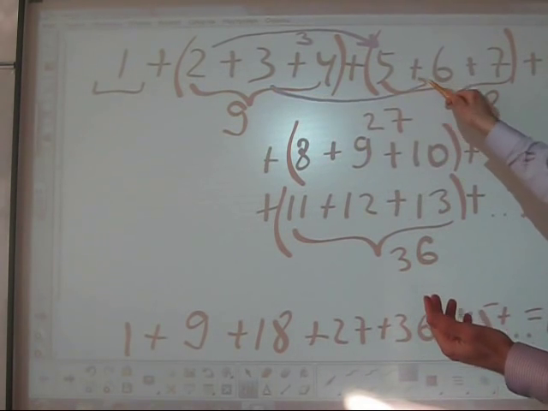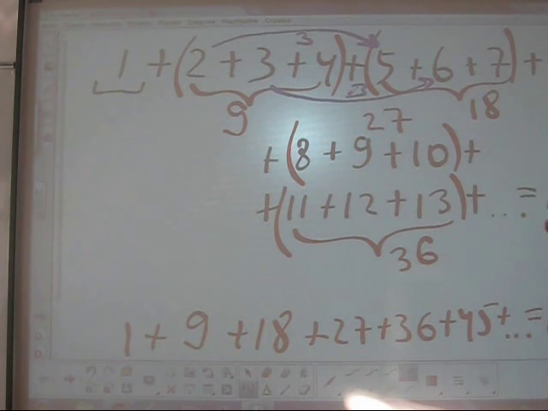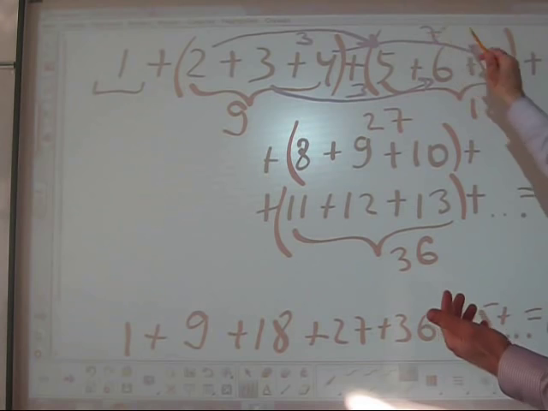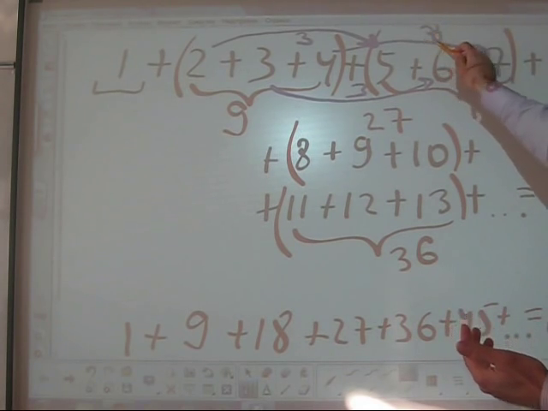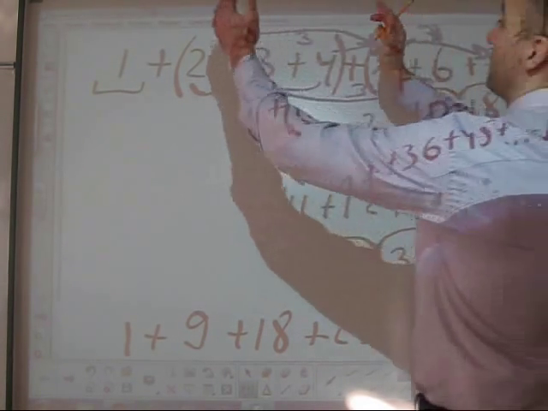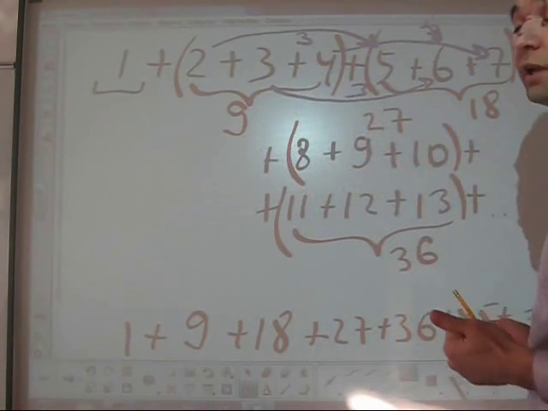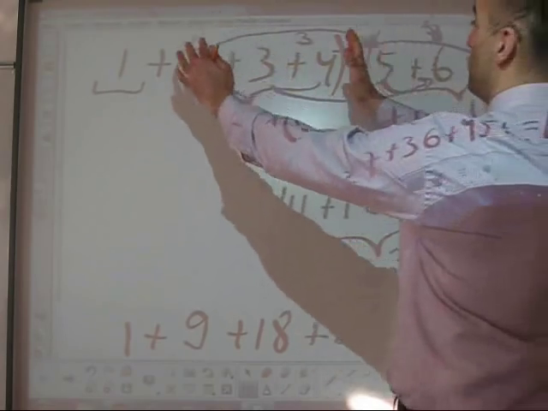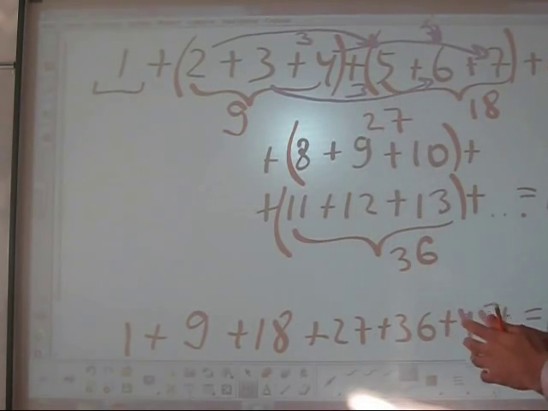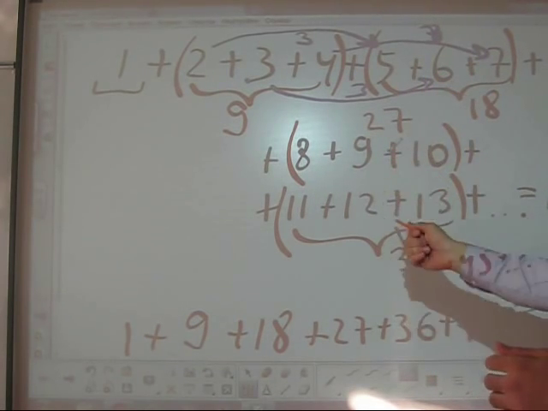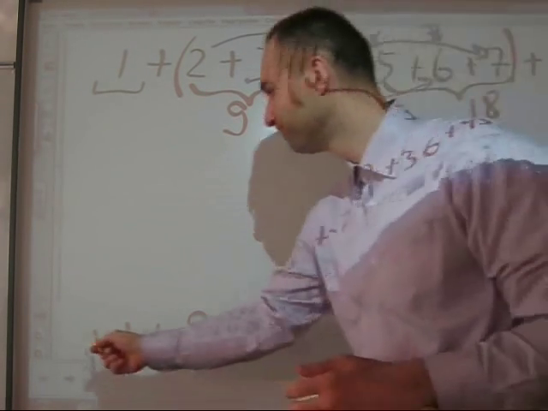And the difference here is 3 again. Now for the last number, obviously it is 3 again. So if we have 3 numbers in a group, and each number grows by 3, then the whole group grows by 9. So here we have 9, 18, 27, 36.